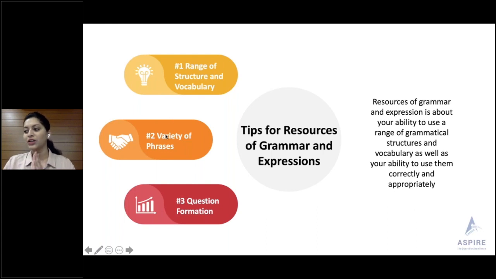Variety of phrases. Show that you can use different phrases to communicate the same idea. Try to use different words, try to be clear in what you're saying. Question formation. Form questions correctly, particularly those questions that are often used in a health professional and patient dialogue, like, how long have you been experiencing this?